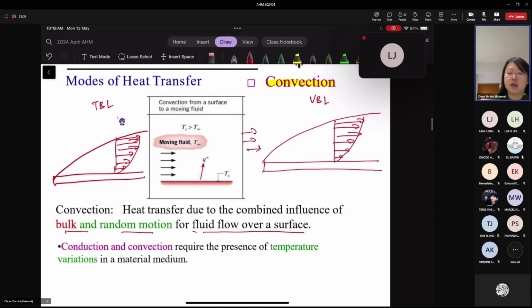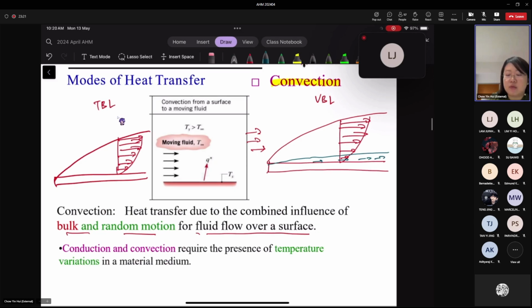All right, so you know that usually the layer very close to the surface is the viscous sublayer. Most of the fluid travels in a streamlined manner. But when it's further away, then you have eddies.